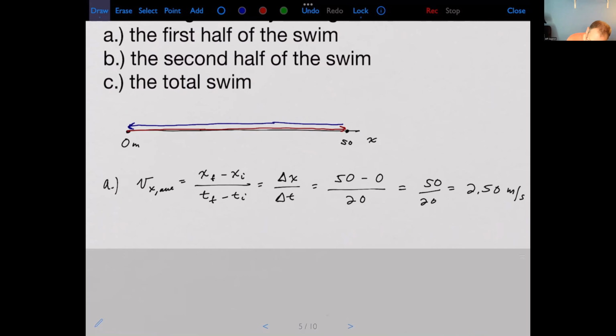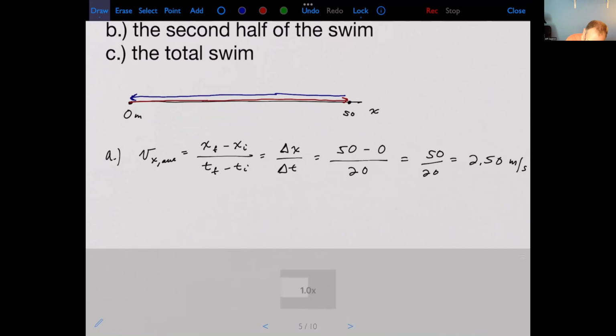Okay, second question. What is her average velocity the second half of the swim? Okay, so in this case, again, we still have delta x over delta t. But now, what is the final position? Well, she ends up at 0, right? Remember, that's the blue arrow here.